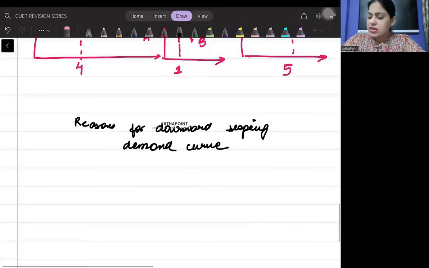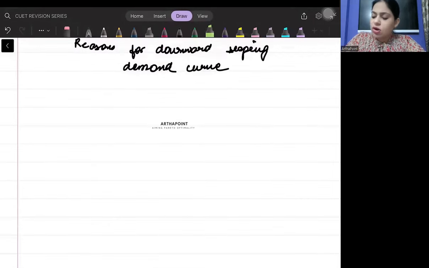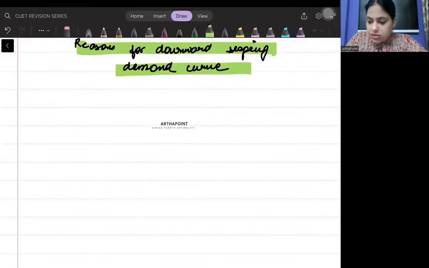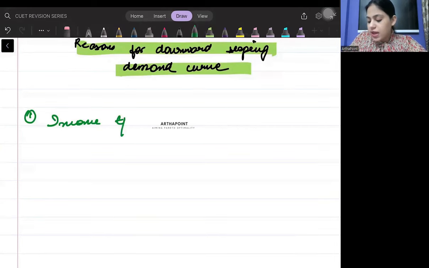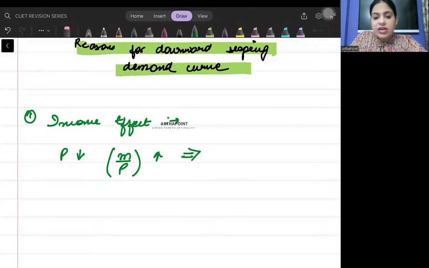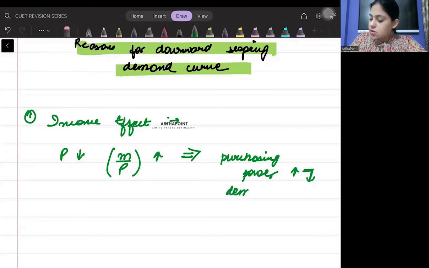But usually books divide the price effect into the income effect and the substitution effect. So the income effect says, देखो ध्यान से सुनो मेरी बात, I am talking about normal goods and not about Giffen goods. The income effect says that when the price will decrease, your real income will increase. When your real income will increase, your purchasing power will increase. If your purchasing power will increase, then the demand of the good will also increase.